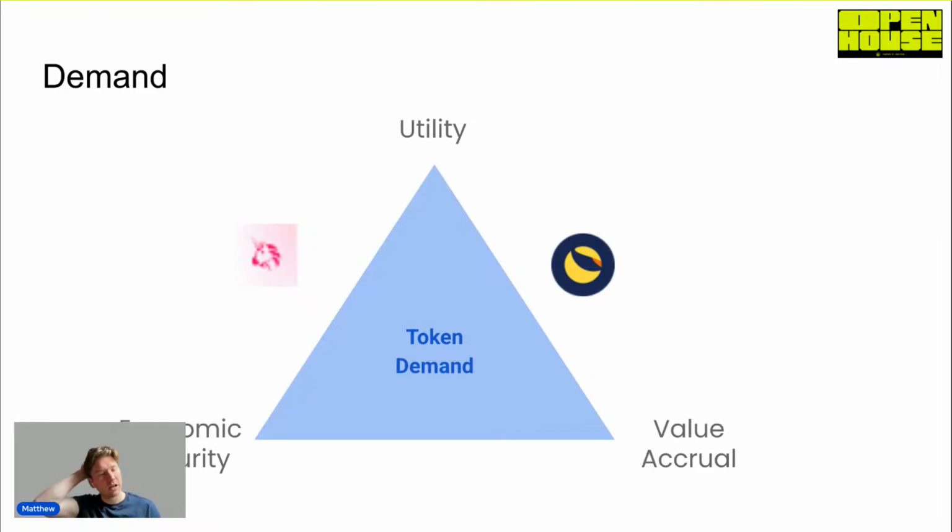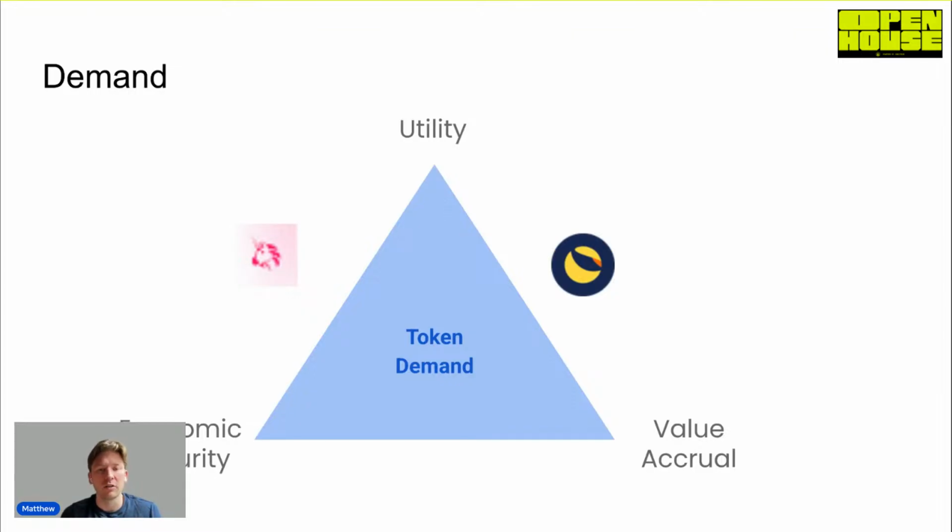But as is often the case, if you push something to the limit in one direction, it can be catastrophic in another. However, looking at another edge of this triangle, Uniswap, for instance, has very good economic security and is a very well established token and protocol, but you could argue that it doesn't maximize as much as it could on value accrual due to the lack of a fee switch or revenue distribution to token holders.